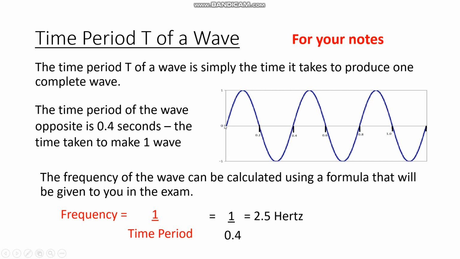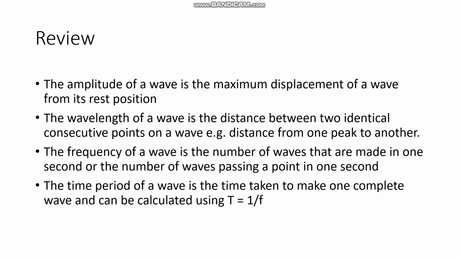So let's use the diagram to count up how many waves are made in 1 second. There's 1. There's 2, we haven't finished yet. And that is 2.5 waves made in 1 second. So that's confirmed. The frequency is 2.5 hertz.